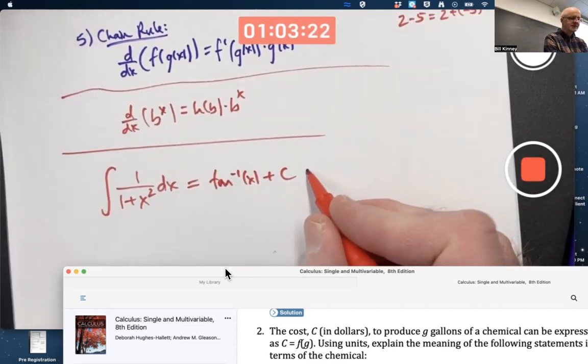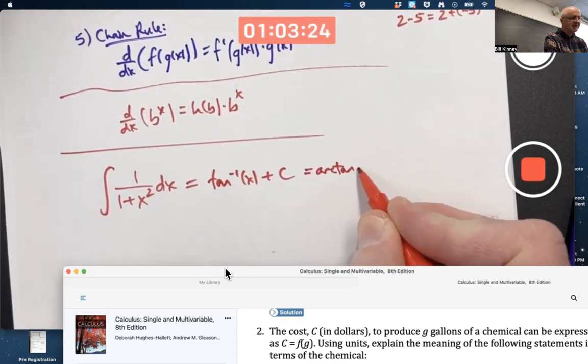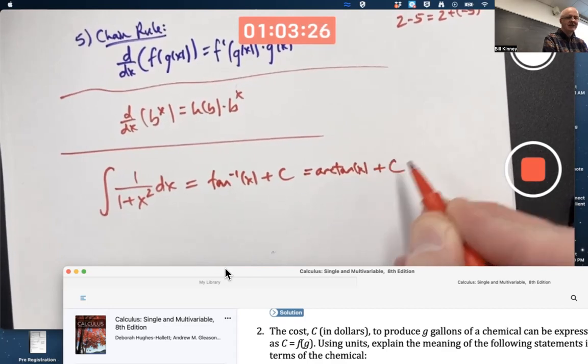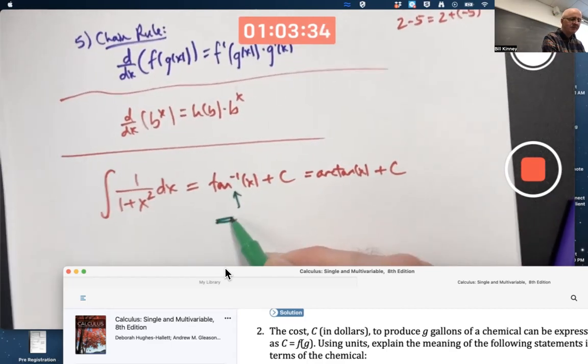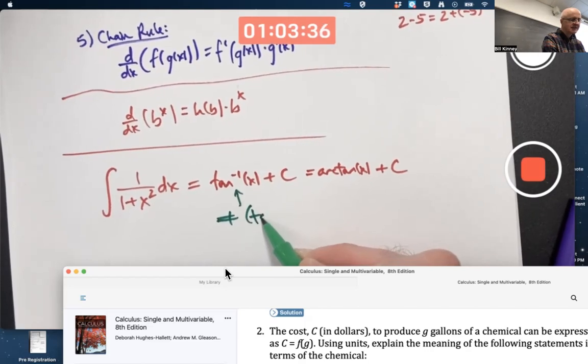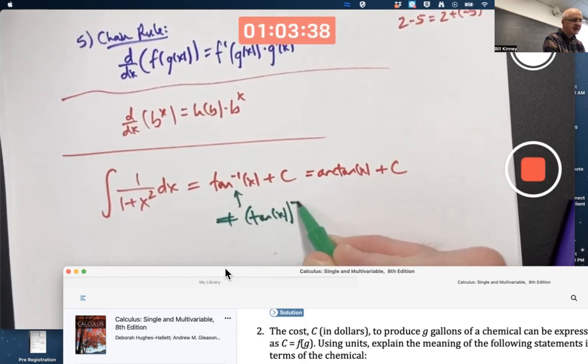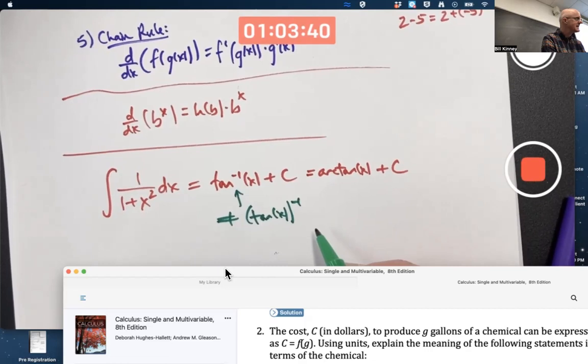Which could also be written as arctangent of x plus c, once again, because inverse tangent and arctangent mean the same thing. And inverse tangent of x does not equal tangent of x to the negative 1 power. It's unfortunate that this notation is ambiguous that way.